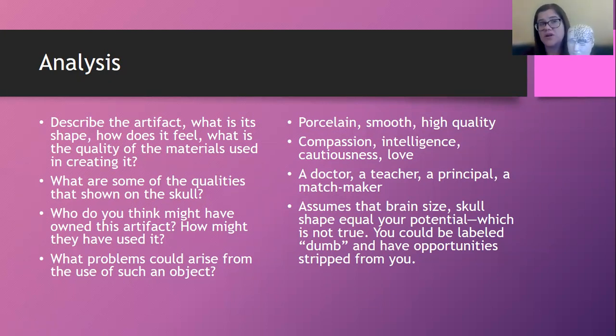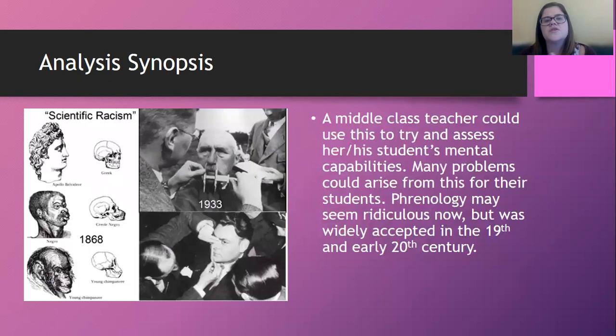I don't ask you to write a synopsis, but it's to generalize what you're thinking about it, because you want to take this analysis and use it to make your connections, because that's where you're going to start finding the connections to the theme for the reading and everything. So my synopsis is that a middle-class teacher could have used this object to try and assess his or her students' mental capabilities. Many problems could arise from this for their students.